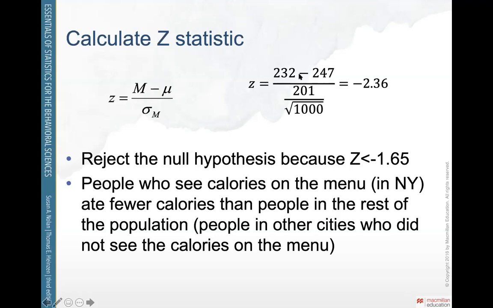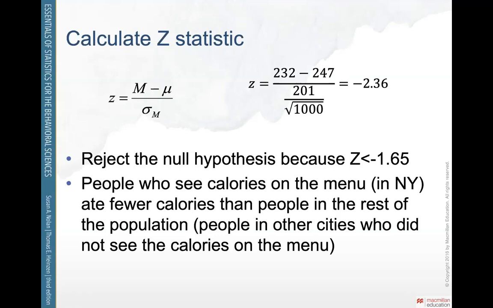This 232 right here is our sample mean. This is the amount of calories that people actually consumed when they went to Starbucks in New York. This 247 right here is the population mean. This is the amount of calories that people consumed at Starbucks across the nation in many various cities.